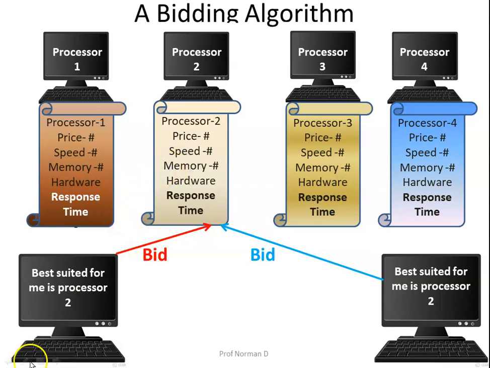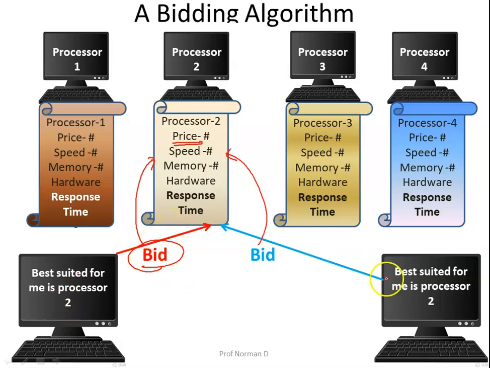Now this bid value can be higher or it can be lower than the price that is quoted by the processor. Now this particular processor will collect this bid and also collect this bid. And then it will make a choice by picking the highest bid value.